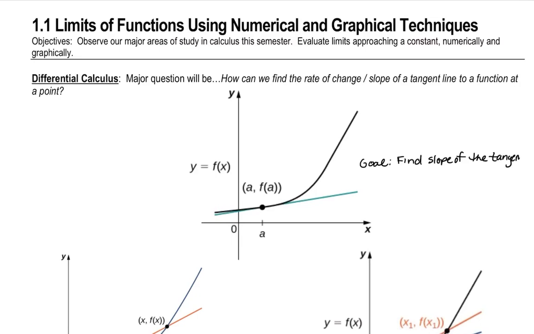We're going to represent that as m for slope, with a little subscript tan for the tangent line. So the slope of the tangent line is going to be represented by this notation right here. That becomes my goal, what I'm trying to find.